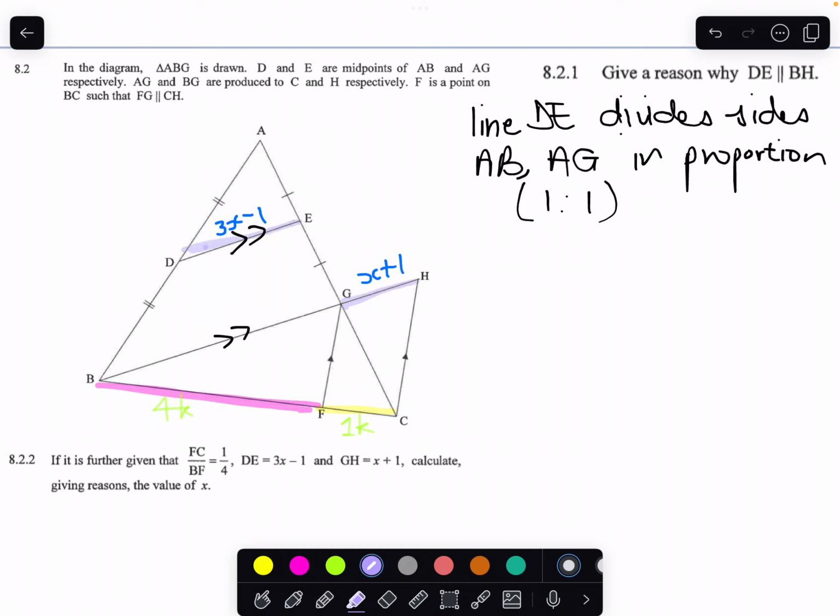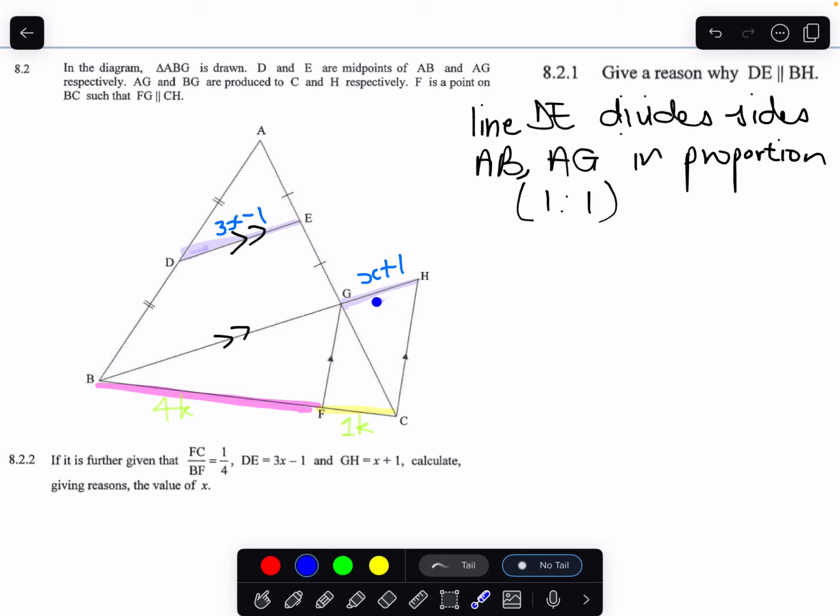Then we are asked to find x. What stands out for me is that these guys we're talking about live in this little system that I pointed out, where we've got this line splitting this side and this side.